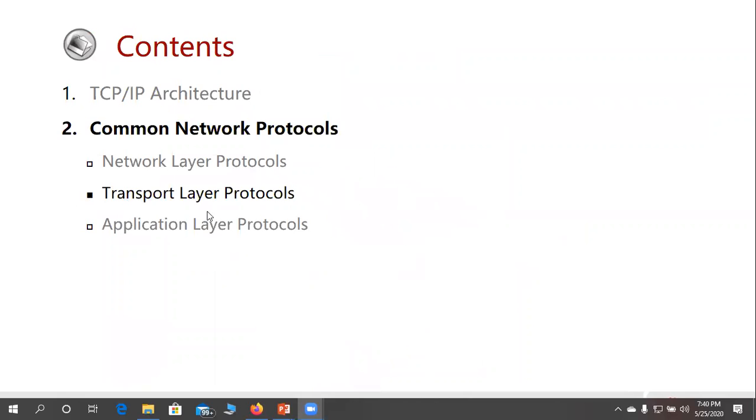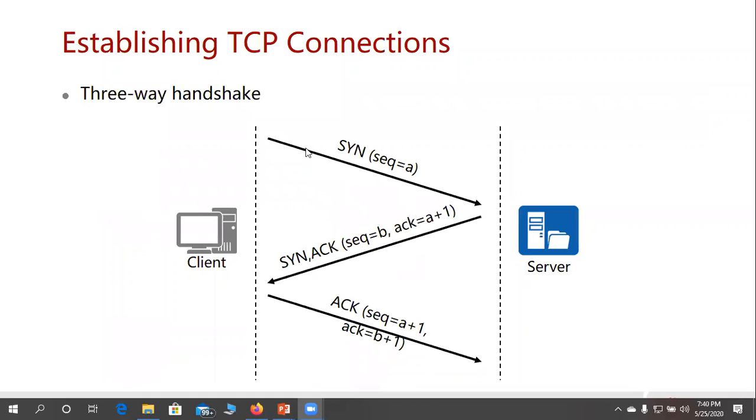Okay, the transport layer protocols. Okay, so TCP is what we call reliable, connection oriented. That is, before two devices exchange information, a connection has to be established. And TCP uses what we call a 3-way handshake.